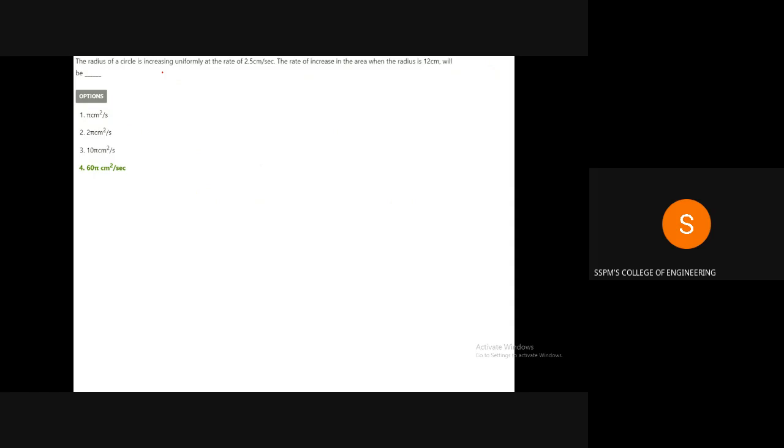And we are asked to find the rate of increase in the area when the radius is 12 centimeter. So we have to find dA by dt at r is equal to 12 centimeter. We know the formula for A is pi r square.